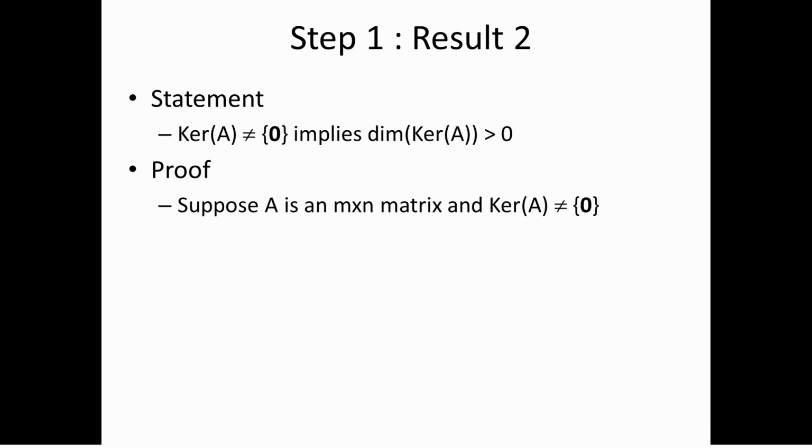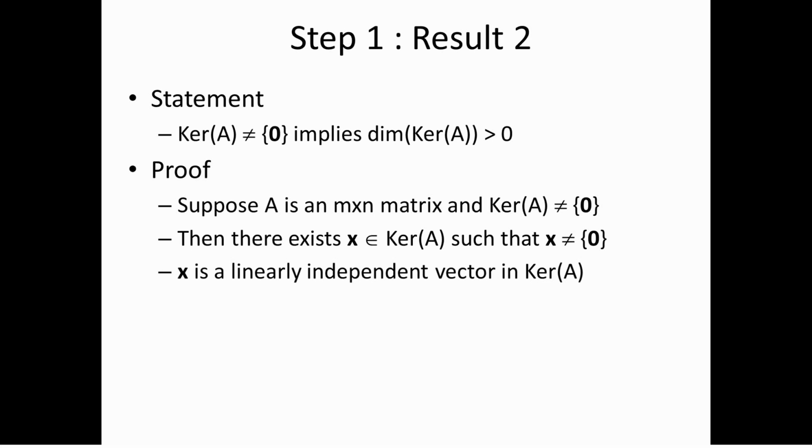We know the zero vector is in there, but there's something else. Therefore, we know there exists an element X of the kernel of A that's not equal to 0. And we know that a single nonzero vector is linearly independent. So X is a linearly independent collection of vectors in the kernel of A.